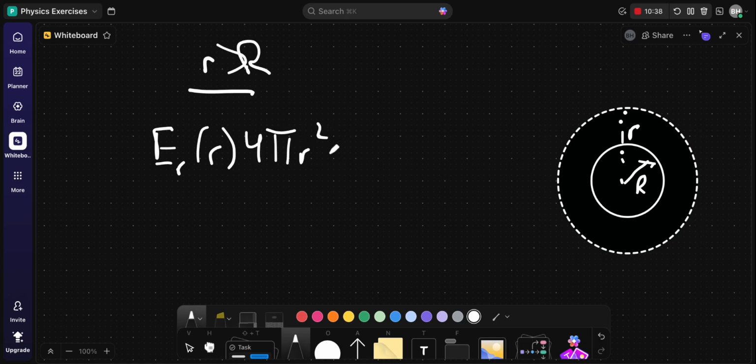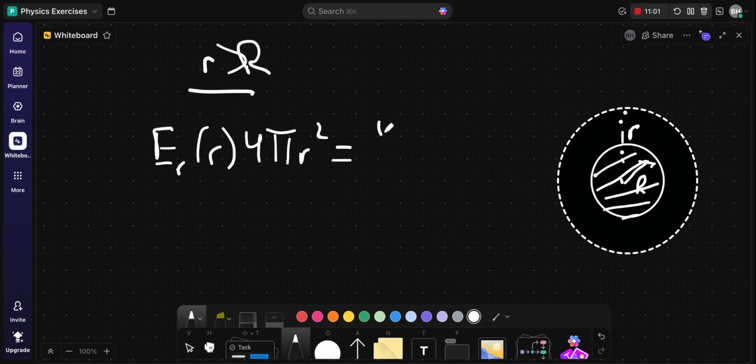We figured that out in the last video, and we already used it in the previous part of the exercise. But here, if you take the enclosed charge, and look at this carefully, you see that all of the charge of the sphere is enclosed. So how much is the enclosed charge?